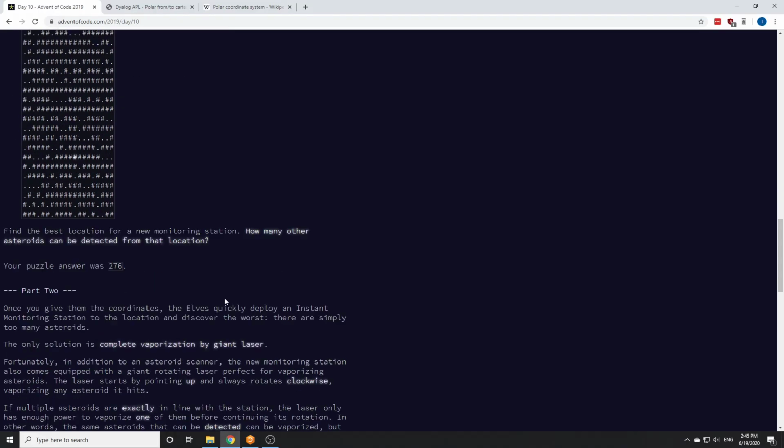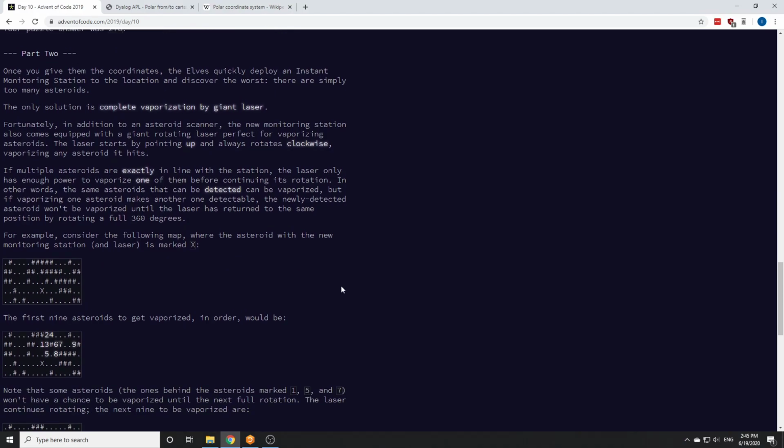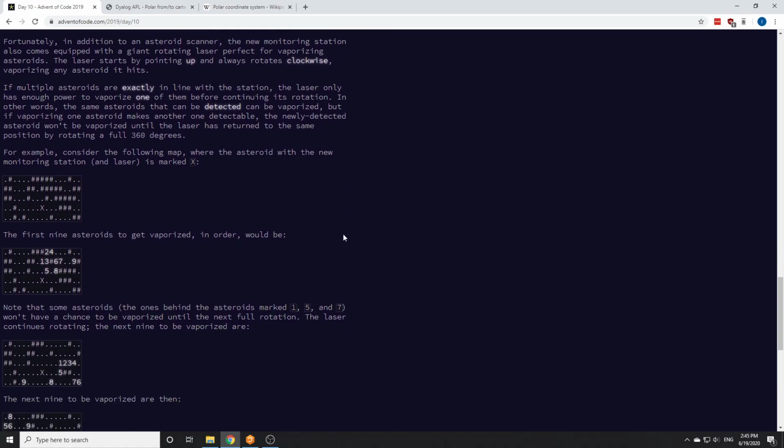Okay, so what are we looking at in part 2? Part 2, we are dealing with a giant laser. And if multiple asteroids are exactly in line with the station and the laser only has enough power to vaporize one of them, okay.